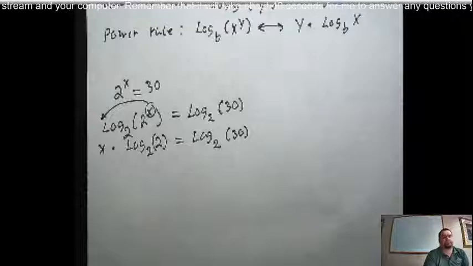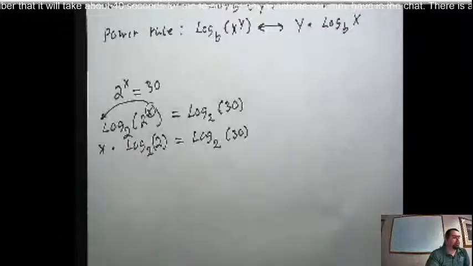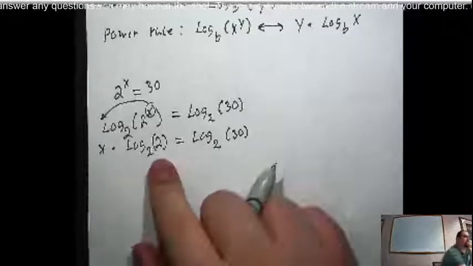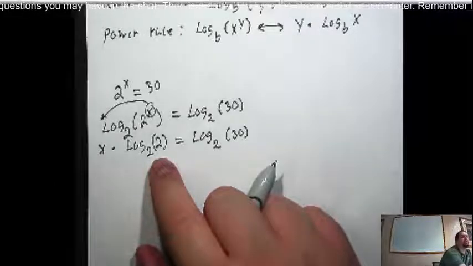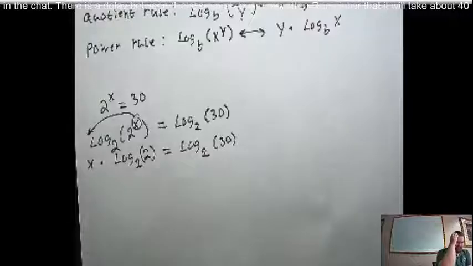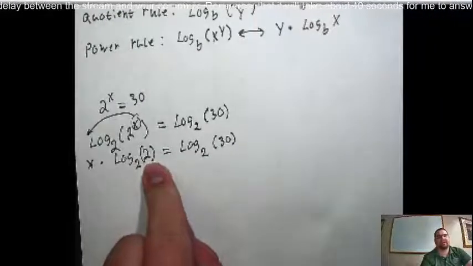Okay. So now, let's see. What is this telling us? It's in logarithmic form right now. Let's think. If we put that back into exponential form, that would mean that 2 to some power gets us this.